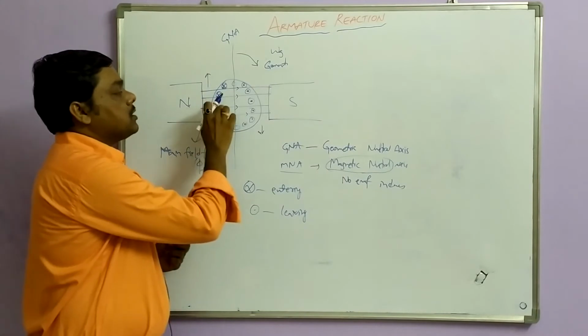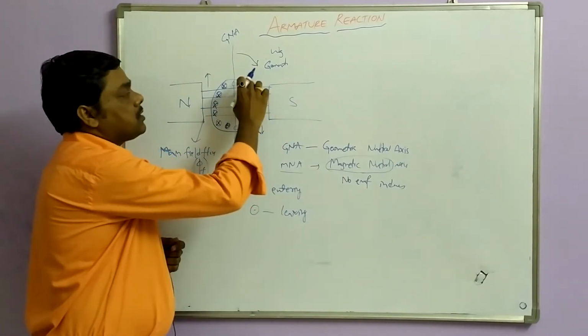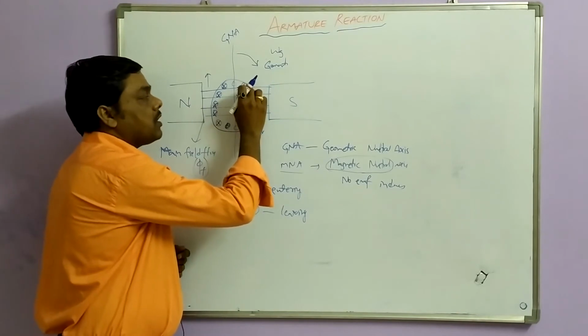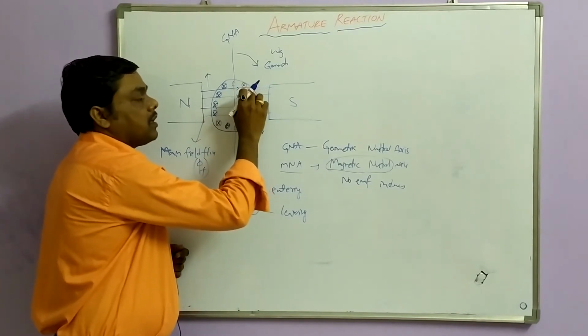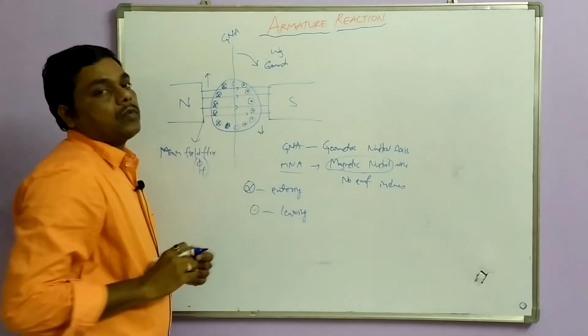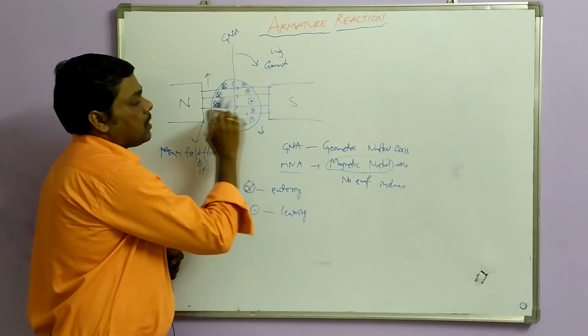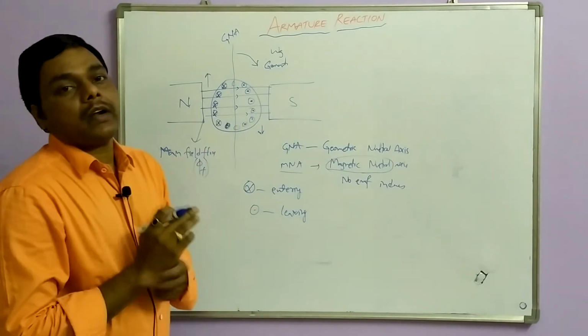If current is carried by this conductor, then there will be an induced EMF. Similarly on this side, current is leaving from this conductor, and again the current increases, and a large portion of current is leaving from this conductor, and as you come downwards, this conductor does not carry any current.